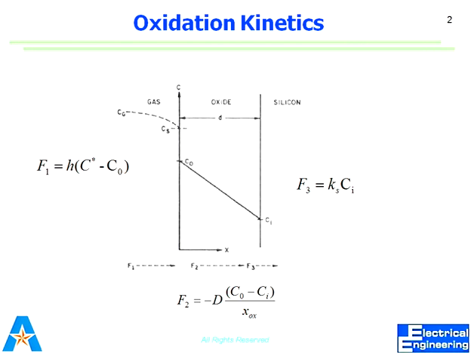Chemically they react together, and we say that oxide is being grown. So for thermal growth of oxidation, we need a silicon substrate. On any other substrate, we cannot grow the oxide layer. This is very important. Keep in mind, if you don't have the silicon surface, you cannot grow, but you can deposit, of course. You will have to use some other method to deposit a silicon dioxide layer. But if you say that you can grow, you cannot.